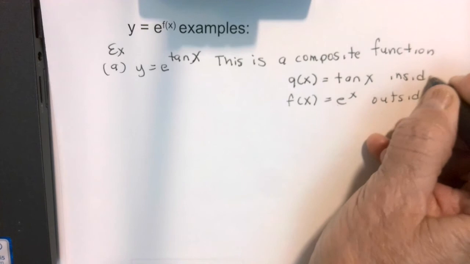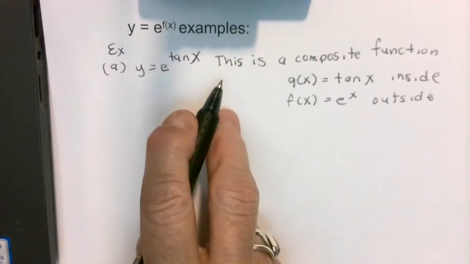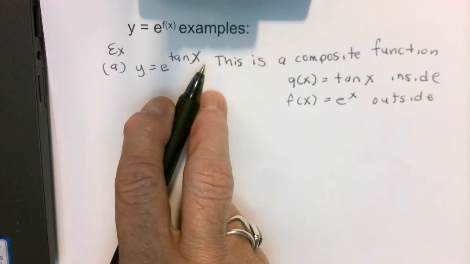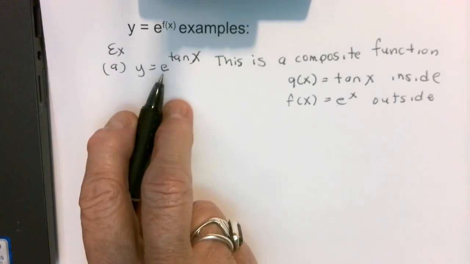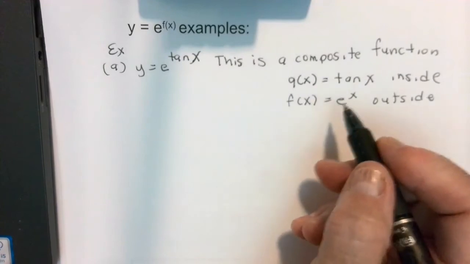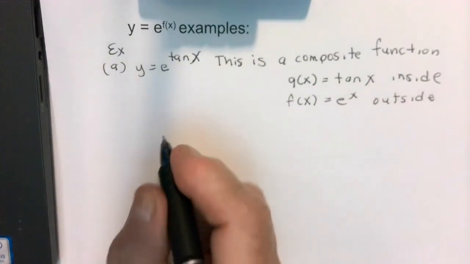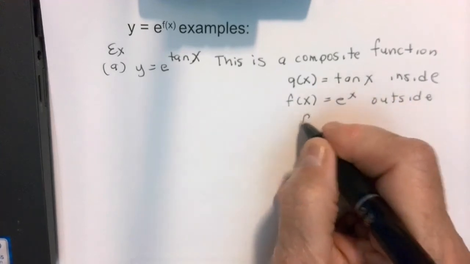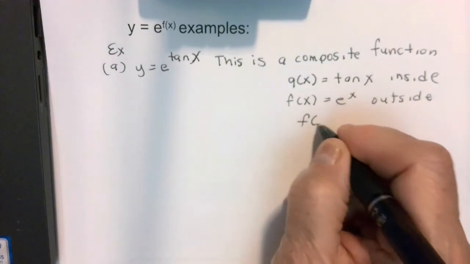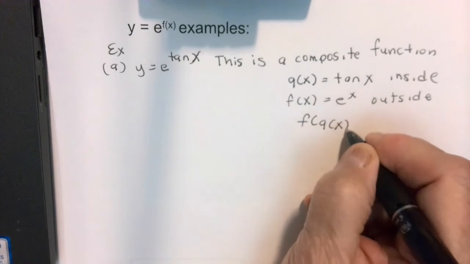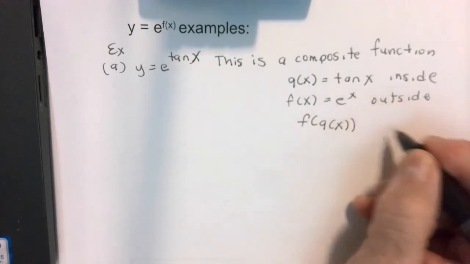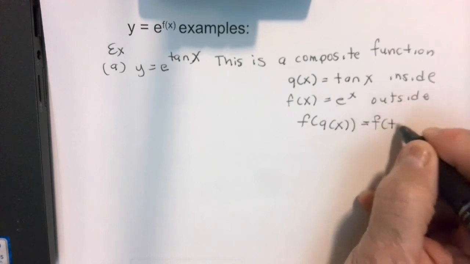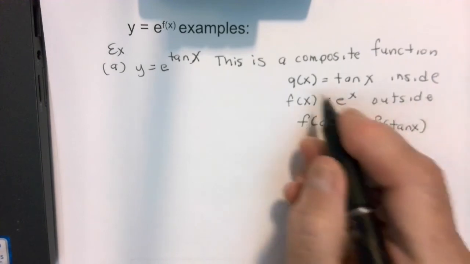When you've got an exponential expression like this, the exponent is going to be the inside, and the base, or e to the x, is going to be the outside. You can see this if you do f of g of x. You would get f of 10x, and what does f do?